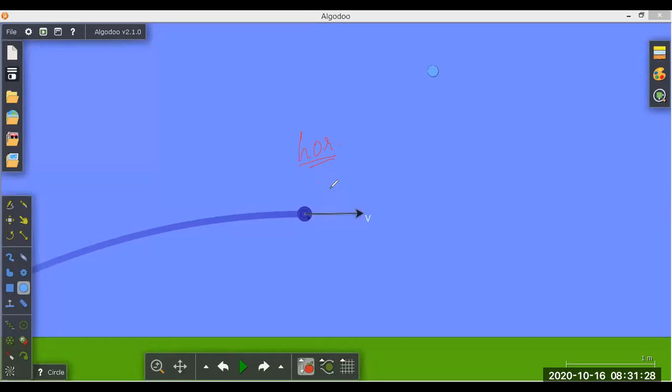At the highest point, the velocity vector is horizontal. Not only that, we have vy is equal to 0.